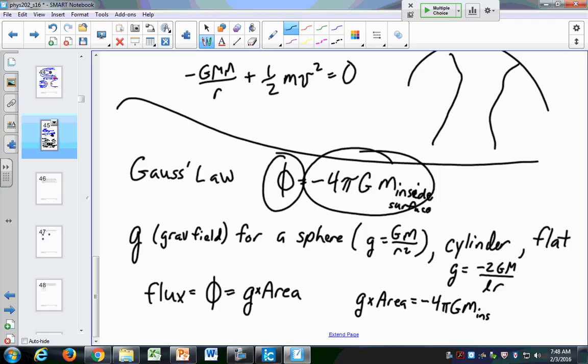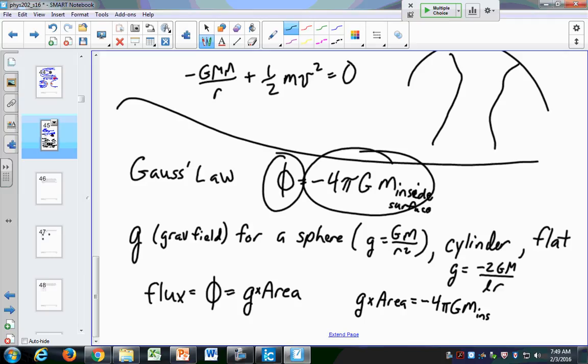For example, with your sphere, you use a Gaussian surface that is a sphere. With your cylinder, you use a Gaussian surface that is a cylinder. And with your flat sheets, you use flat surfaces for your Gaussian surface. So you have a flat sheet here, and you put a surface on top and a surface on bottom. These are imaginary surfaces in which we imagine what is the gravitational field going through this area. Again, we're going to come back to this after the break, when we'll look at it with electric fields and go into a little more depth.